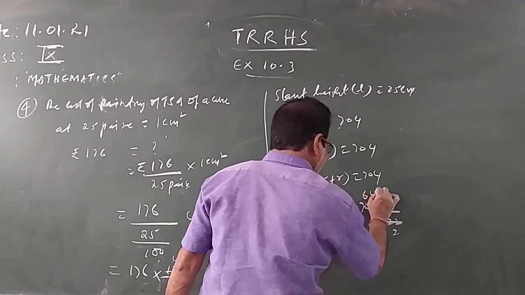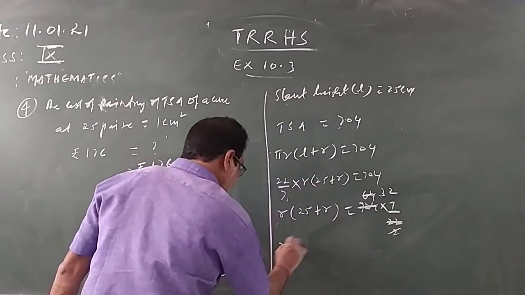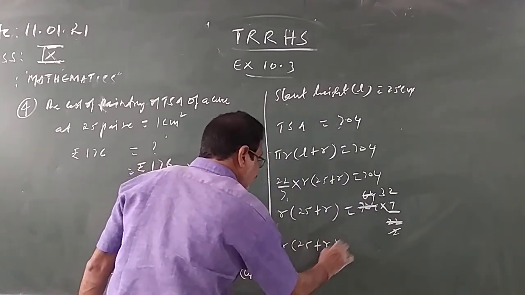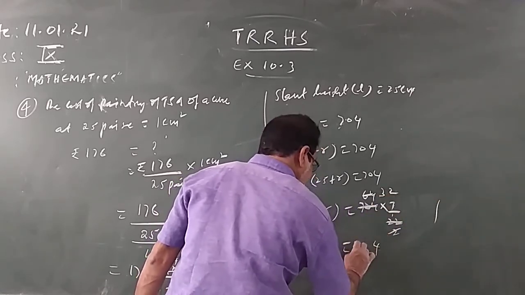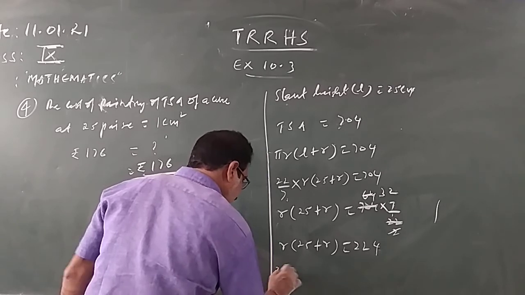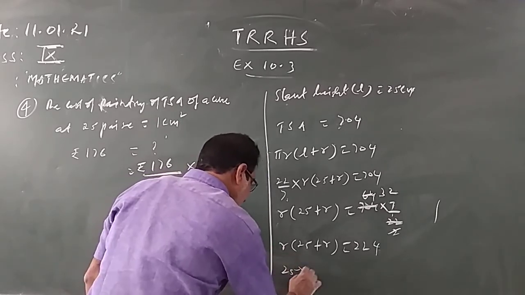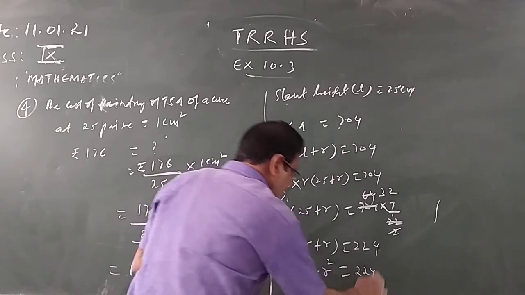Dividing, 704 by 22 gives 32, and 32 into 7 is 224. So r into 25 plus r equals 224, which gives r square plus 25r equals 224. We got the equation.